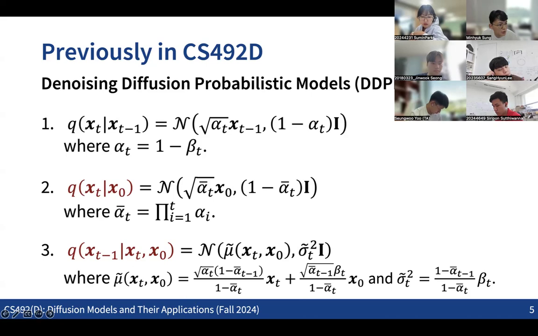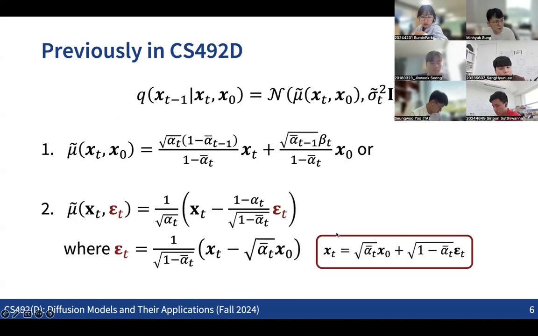We also introduced the term epsilon t, which is the noise used to sample xt from x0. The mean of this posterior distribution can be defined not only using xt and x0, but also using xt and epsilon t.